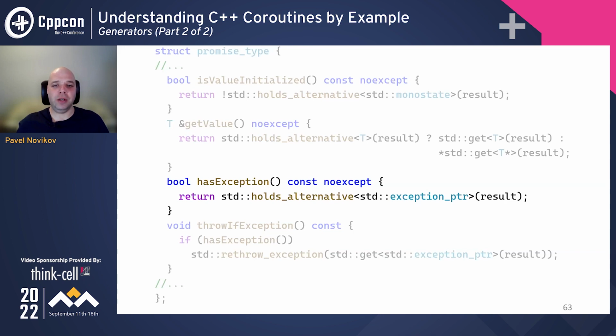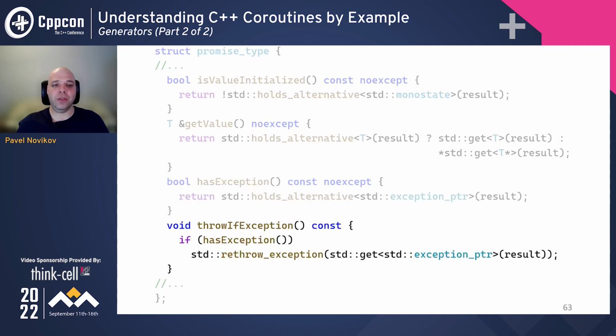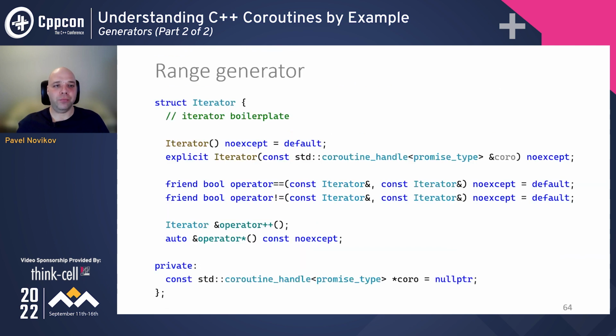We check if our result has an exception stored, and the next function is throwIfException, which checks if we have an exception as a result and rethrows the stored exception. So not much changed.